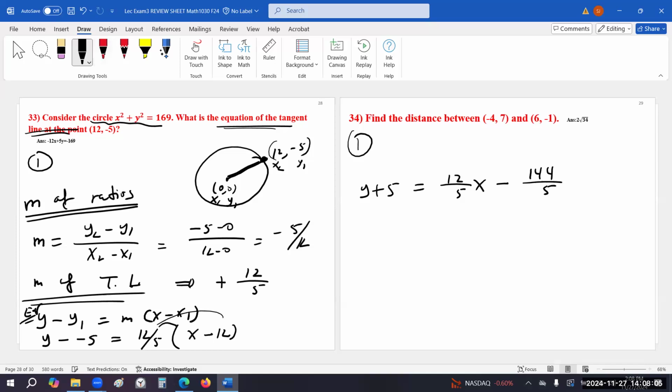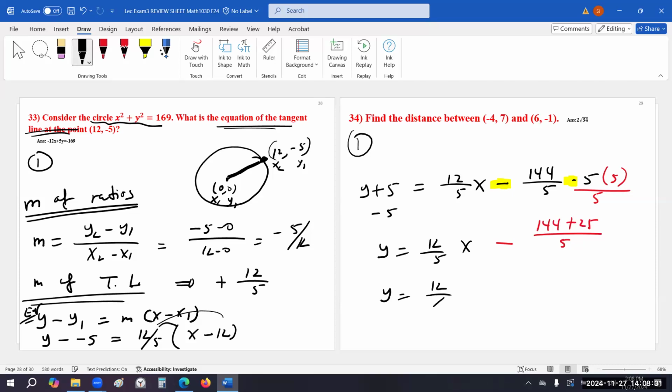We distribute, subtract 5, but in order to subtract 5, we need the same denominator. Since we have the same sign, we keep the sign and add the numbers. So we have y equals 12 over 5 x minus 169 over 5.